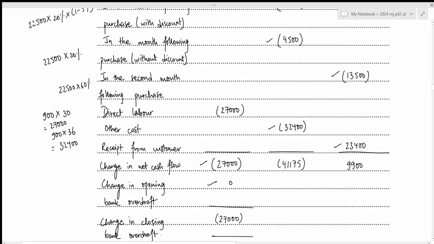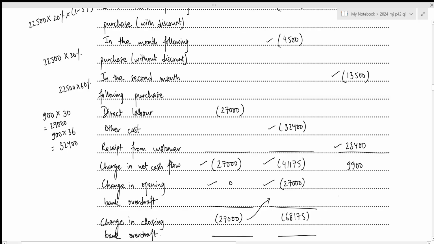Then this month's closing change will act as the next month's opening change. So change in the opening bank overdraft for the month of July is negative 27,000. Which means that change in the closing bank overdraft will be negative 41,175 plus negative 27,000, which results in negative 68,175.